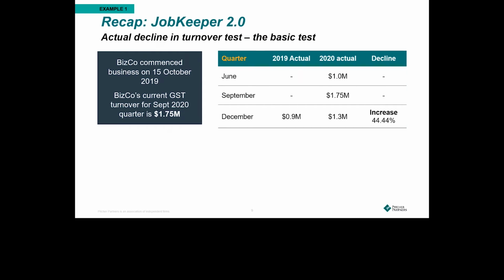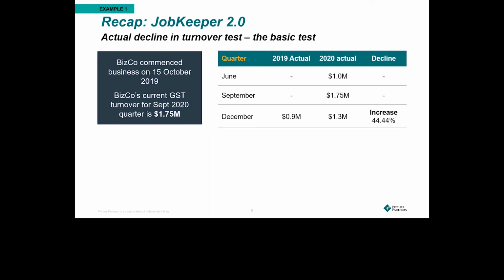So just a basic example to demonstrate that test and the complications that may occur and why you might need an alternative test. In this first example, we've got BizCo. It commenced business on the 15th of October 2019, and it's currently got 1.75 million as turnover for the September 2020 quarter.